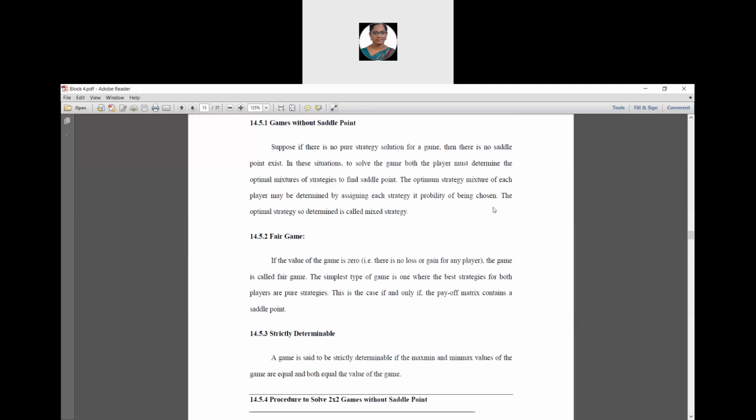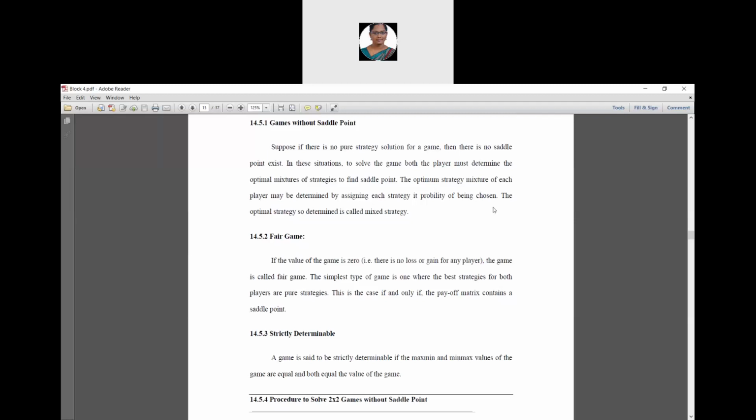The optimum strategy mixture of each player may be determined by assigning each strategy its probability of being chosen. The optimum strategy determined here is called mixed strategy.